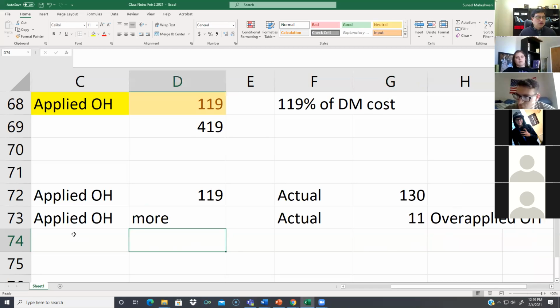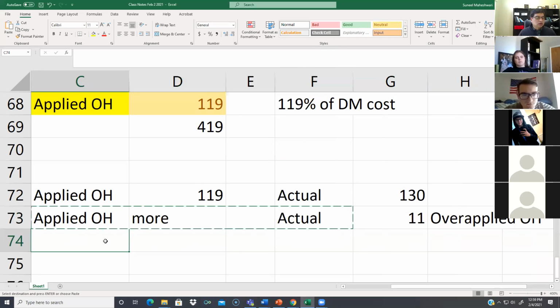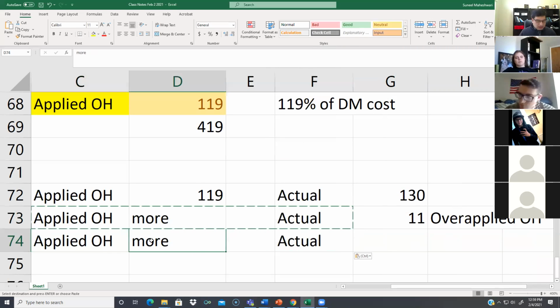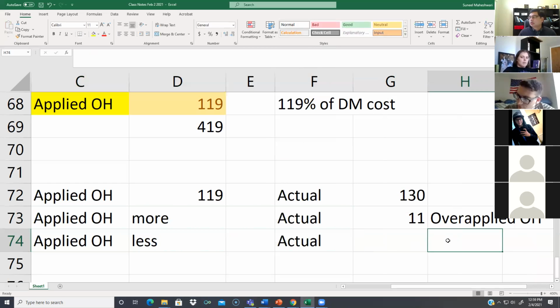So if applied overhead was say less, it will be called what? Under applied? Yes, see, you got it. So if it is less, it will be called under applied overheads.